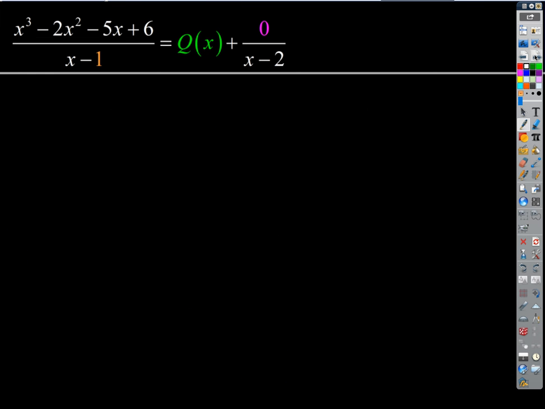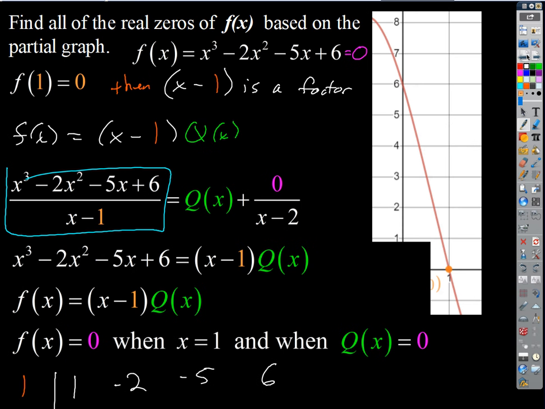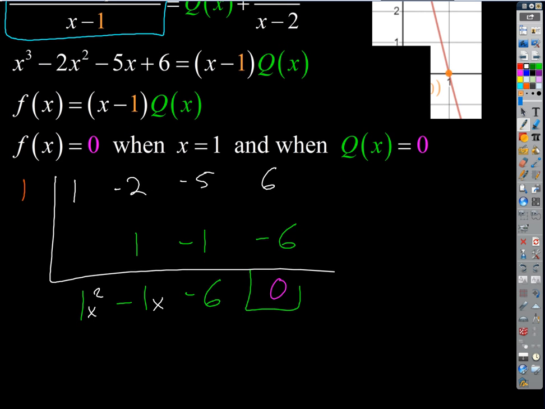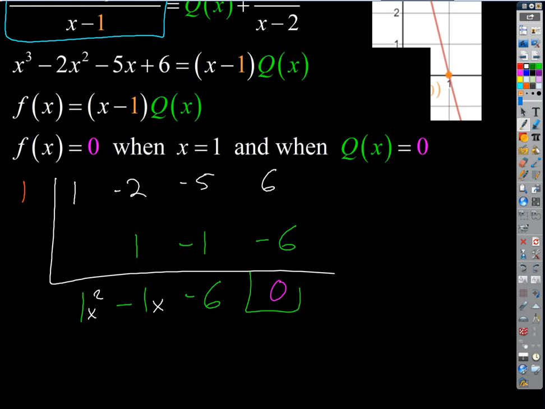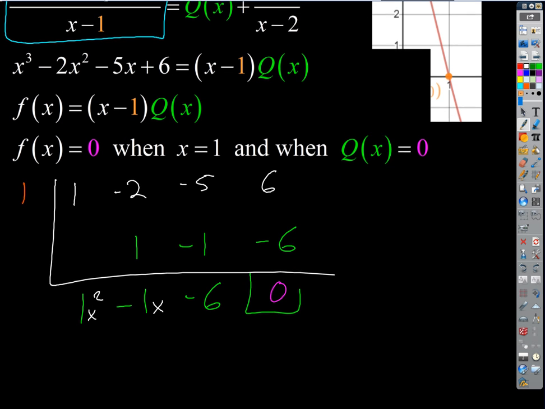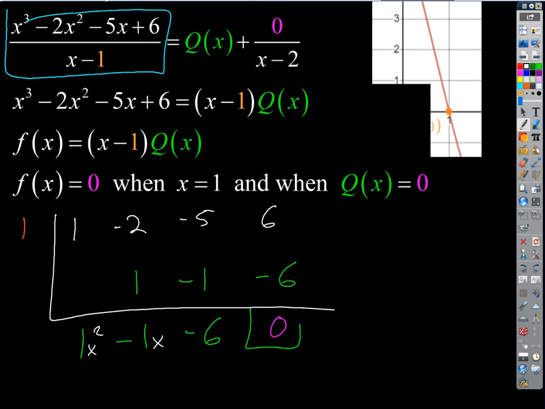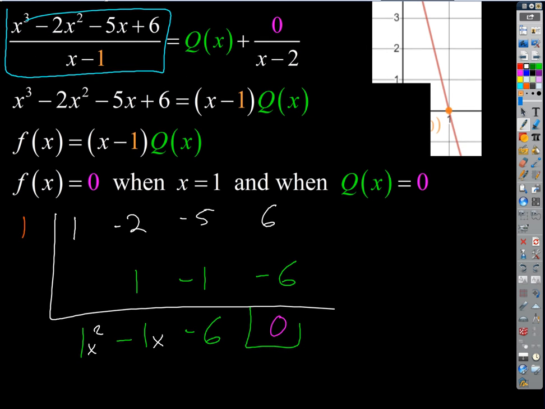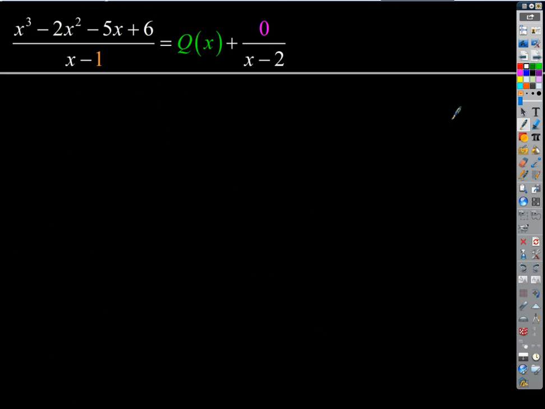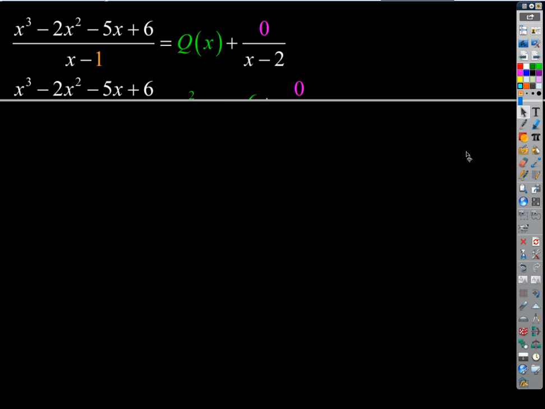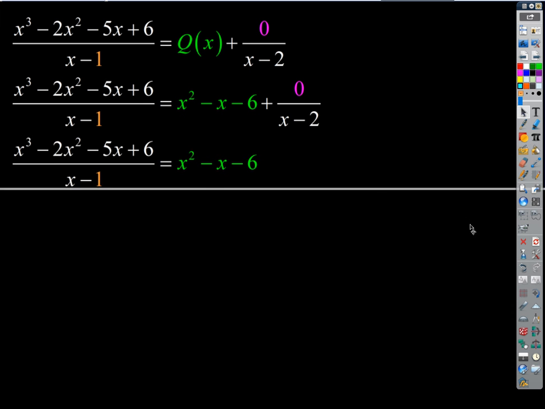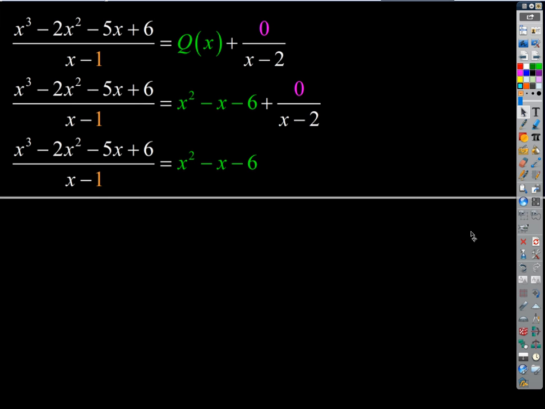So we just divide it out synthetically, no big deal. And we get, not bad. We get that, right? So now what?